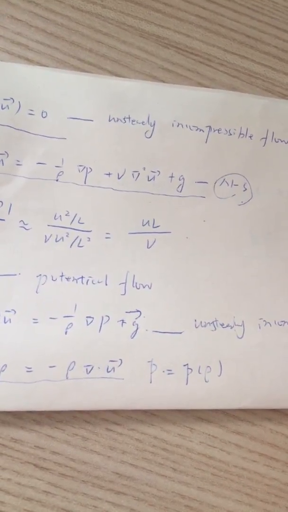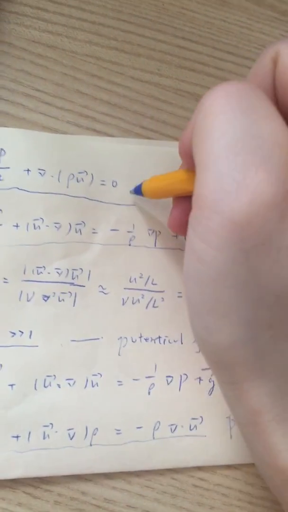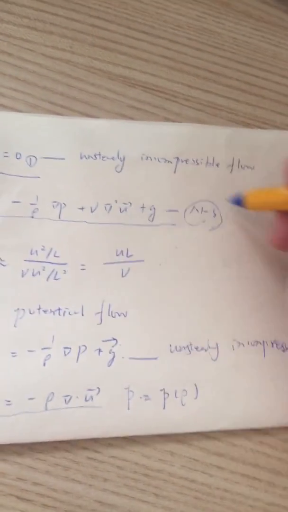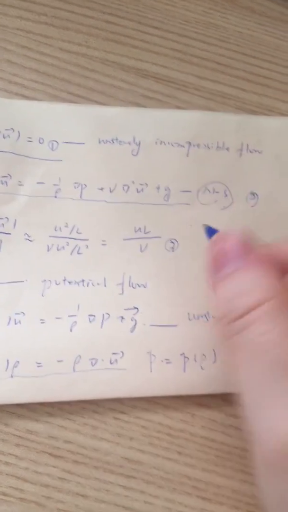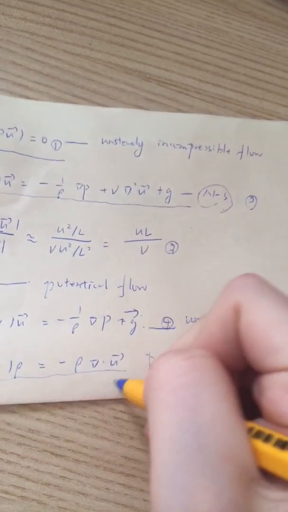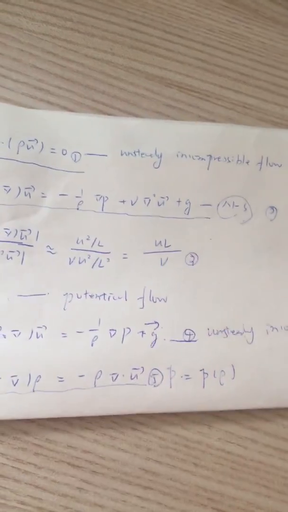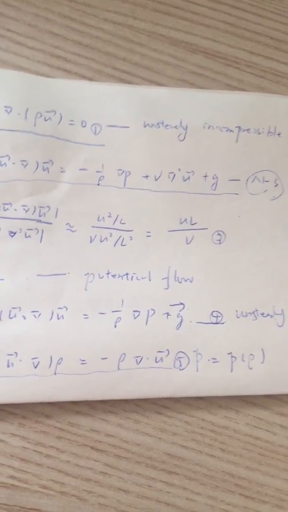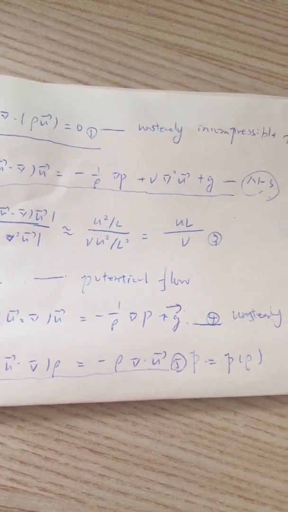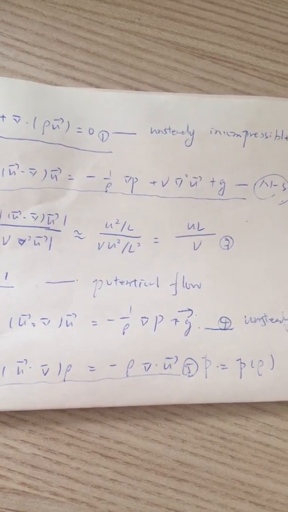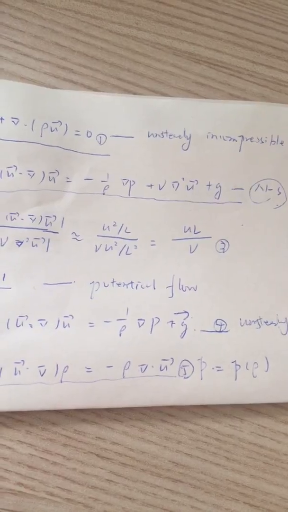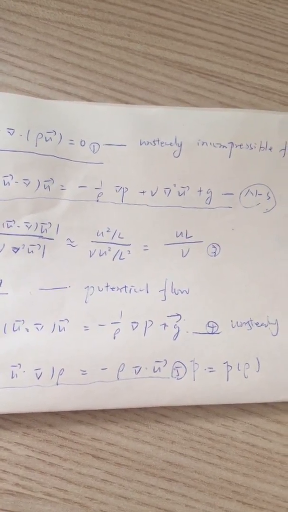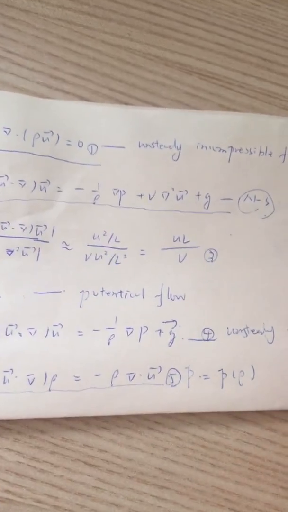So a closed set of 5 equations, I mean this 1, 2, 3, 4, and this would be 5. These 5 equations for the 5 fields, so the pressure, density, and velocities can be obtained if we assume that G is known.